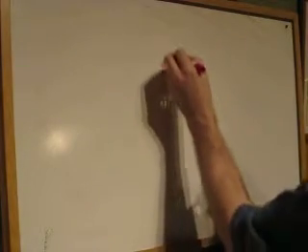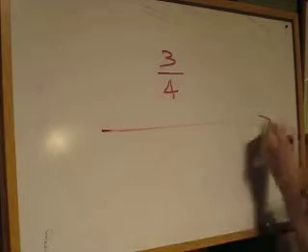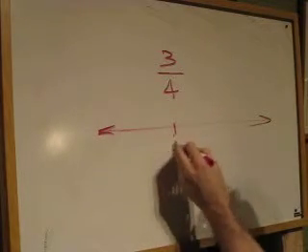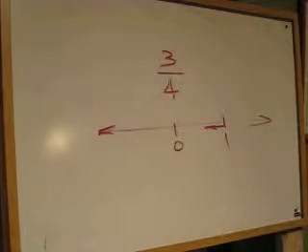One of the things that's also true when it comes to a fraction is if the number on the top is smaller than the number on the bottom, on the number line, that fraction is always less than 1.